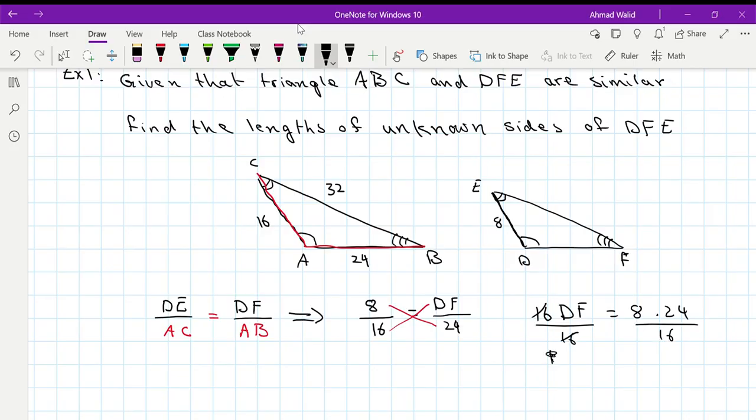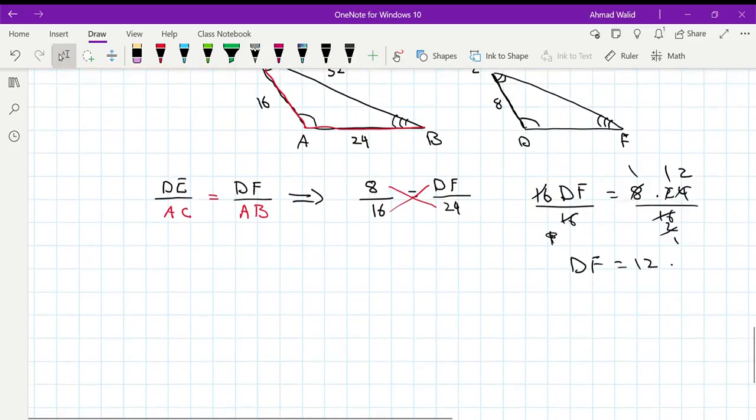These two cancel out. It means your DF is equal to what? 12. Correct.